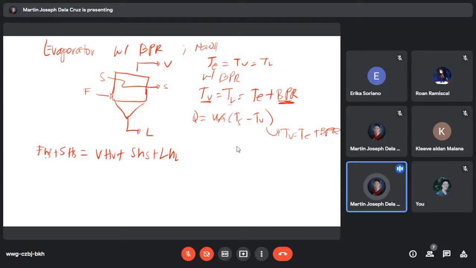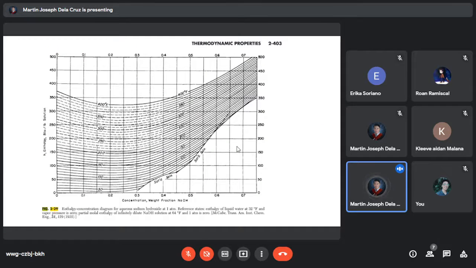So in getting your HF, your enthalpy of your feed sa may boiling point rise, at saka yung enthalpy concentration ni liquid class, dito na natin gagamitin yung figure 2-29 nyo sa handbook. So, try to search it in your handbook class. So, itab nyo na kasi kailangan ninyo yan later.